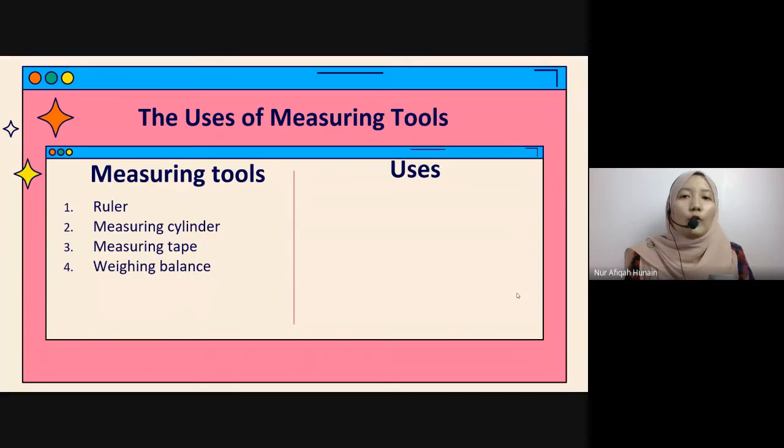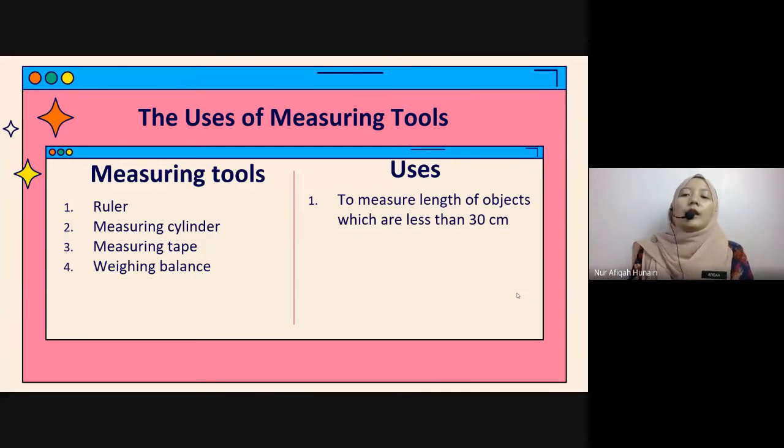Ruler: the use is to measure the length of objects which are less than 30 cm. If it exceeds 30, we can use a measuring tape. If more than that, let's say you want to measure the length of the road, you need other tools. You cannot use a measuring tape anymore.